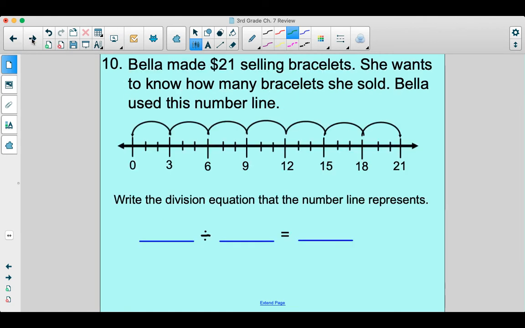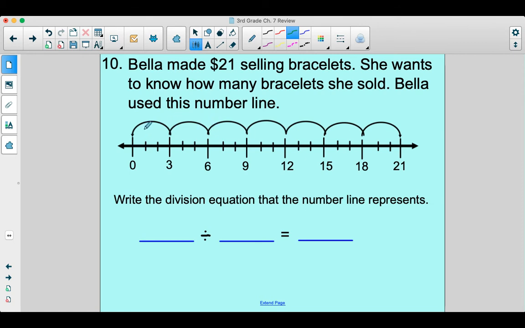Alrighty, number 10. Bella made $21 selling bracelets. She wants to know how many bracelets she sold. Bella used this number line. Okay, so as I'm looking at this number line, it looks to me like each of her bracelets cost $3 because it's showing a hop from 0 to 3 and then 3 to 6.